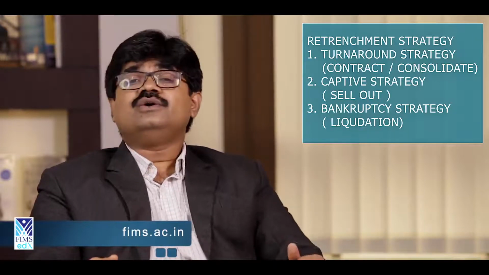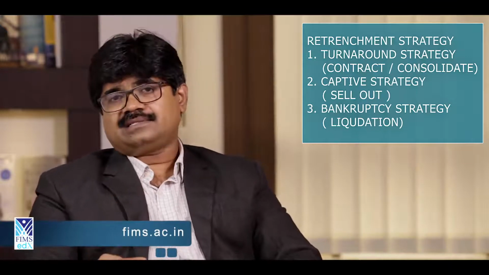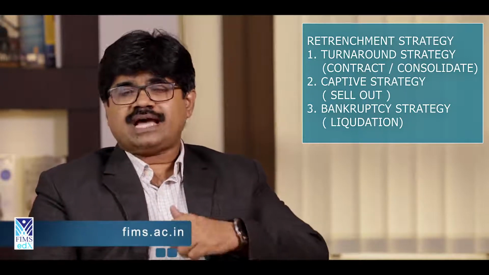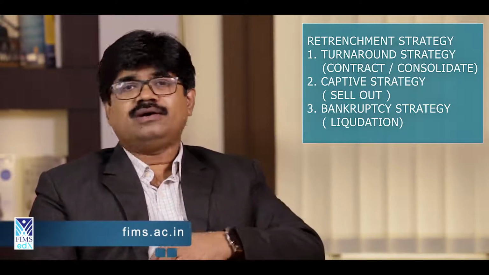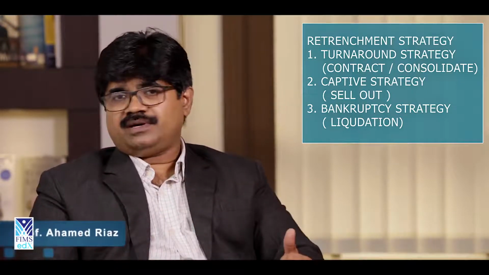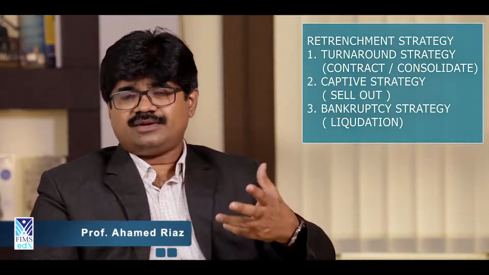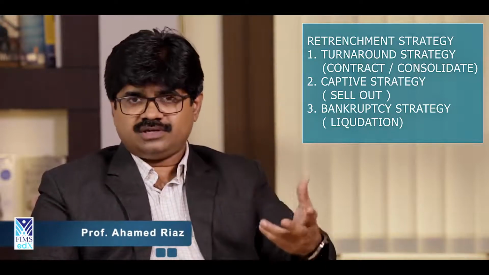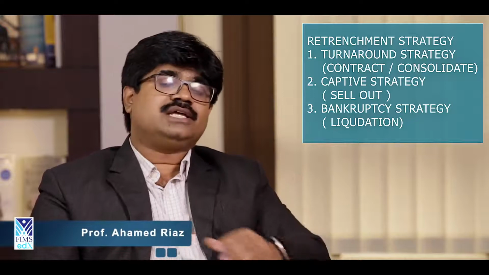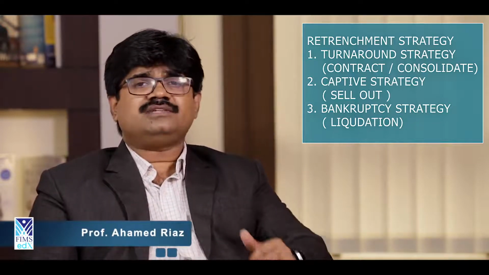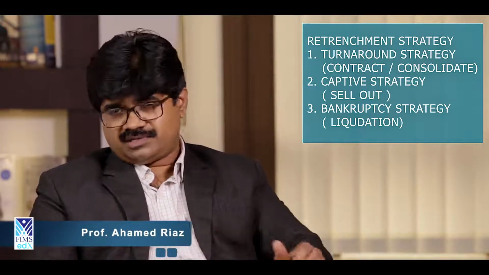Or else the final thing is you declare your company as bankrupt or a pauper. You declare yourself in a court of law or to the government that you're bankrupt. So that is the final strategy if nothing works.